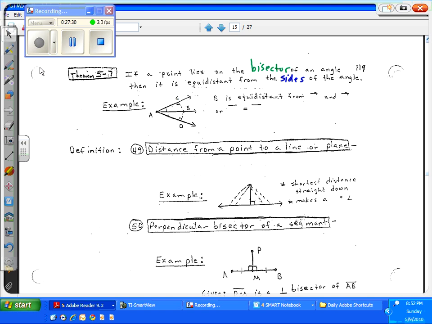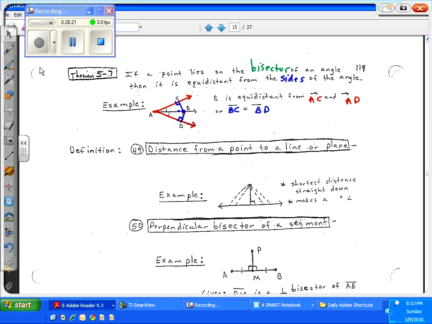So, B is equidistant from ray AC and ray AD, meaning that the distance that B is from side AC, which is the length of segment BC, is equal to the distance that it is from side AD, and the distance it is from AD is the length of the perpendicular segment from B to AD, which is segment BD.